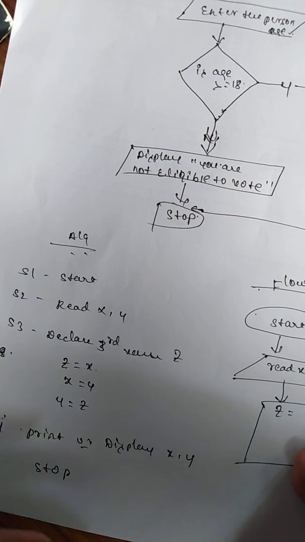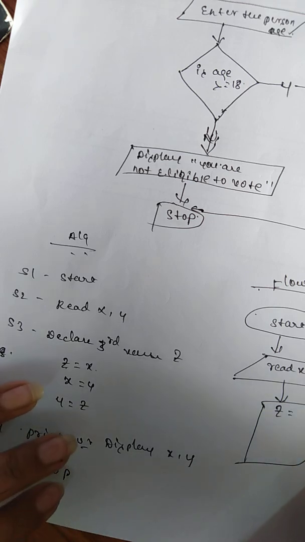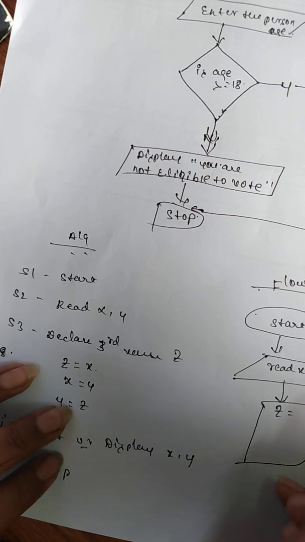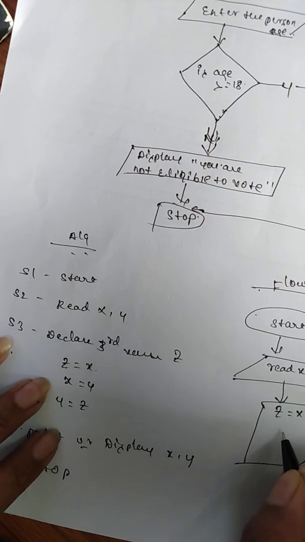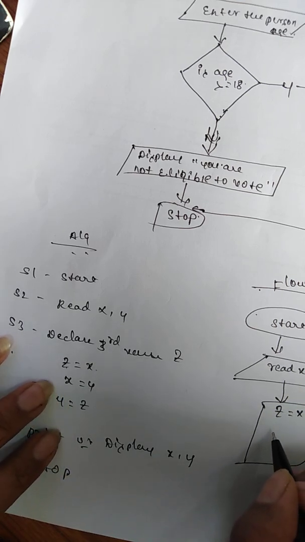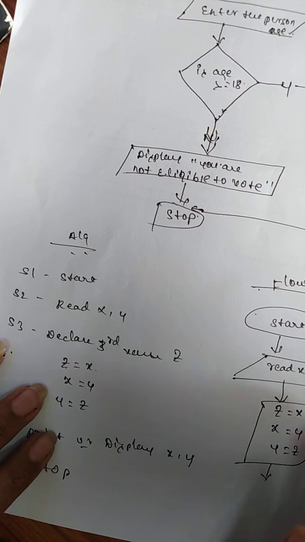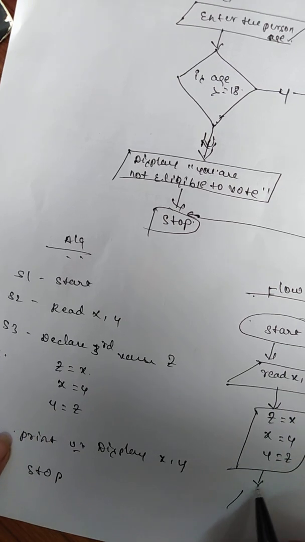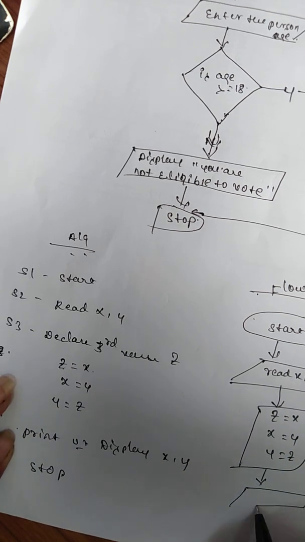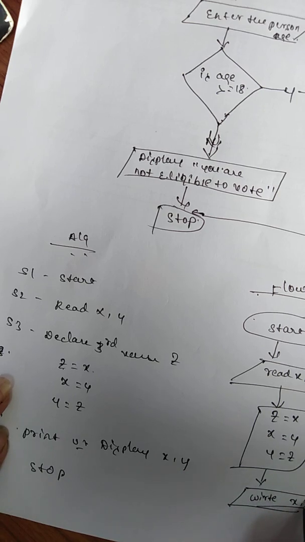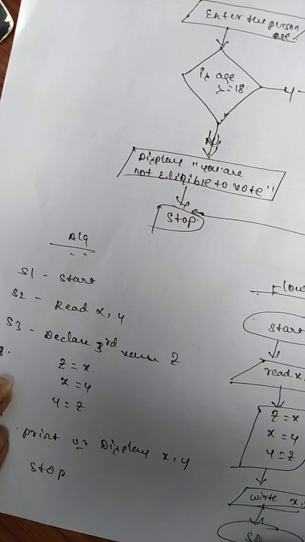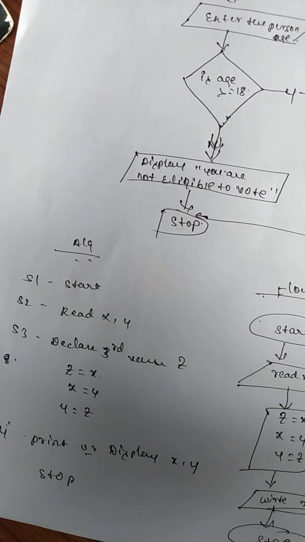The values will be equal or changed. We check it here. Then we write or display the values x comma y. Then we see what output we get. Then we stop here.